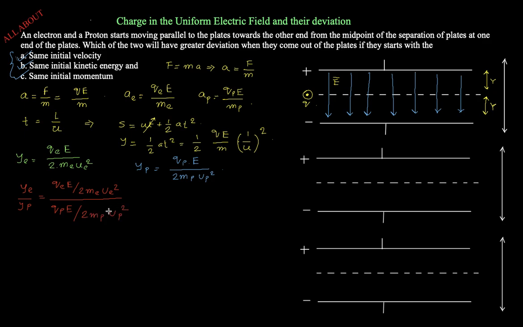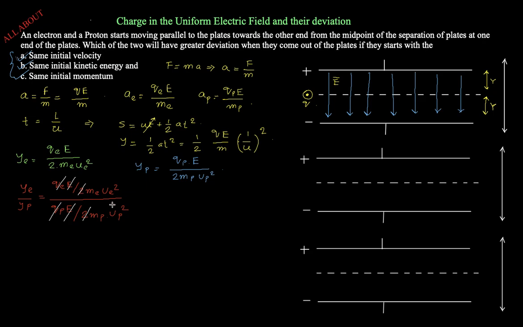Now qe and qp cancel out because the charge of the electron and the charge of the proton are the same. Electric field cancels out, 2 cancels out. Then the mass of the electron and the mass of the proton are not the same.